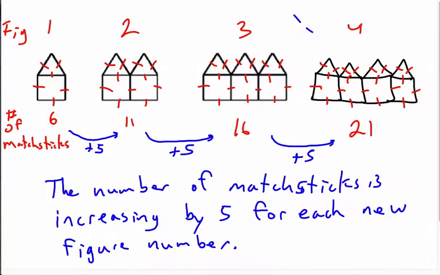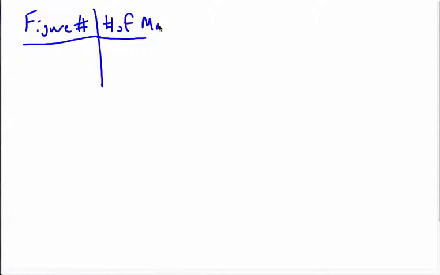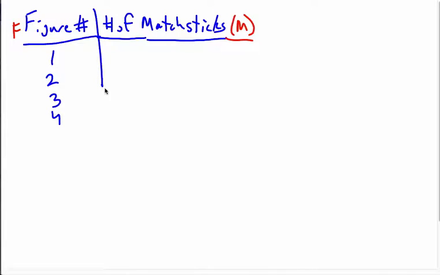Alright, so we're going to need a table. We have figure number 1, 2, 3, 4, so let's make that in a table. Figure number and number of matchsticks. Okay, if you like, we can assign variables to these. So M for the number of matchsticks, and F for the figure number, which we're going to use a little bit later. So we said we have 1, 2, 3, 4.